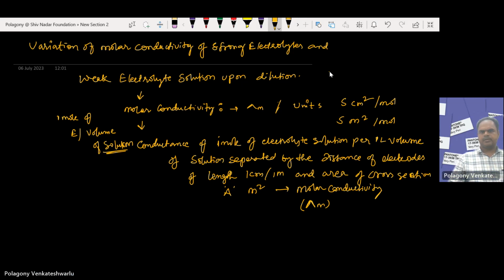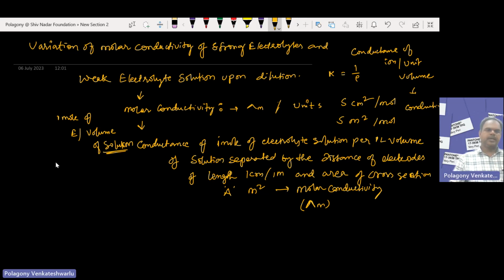Whereas conductivity is nothing but the reciprocal of resistivity, the conductance of ions per unit volume.